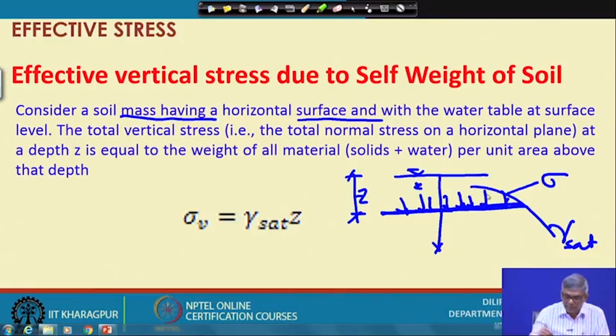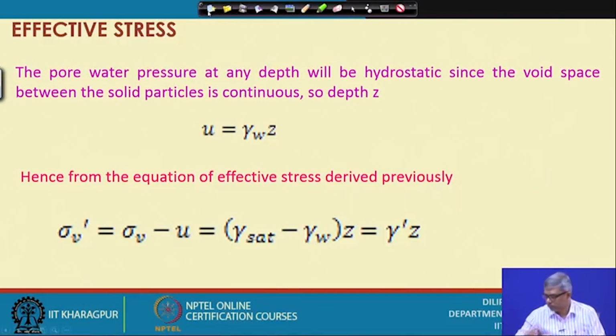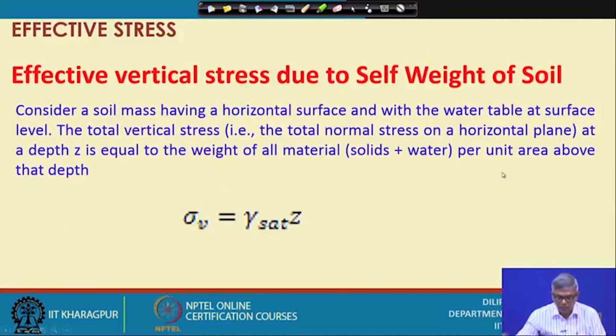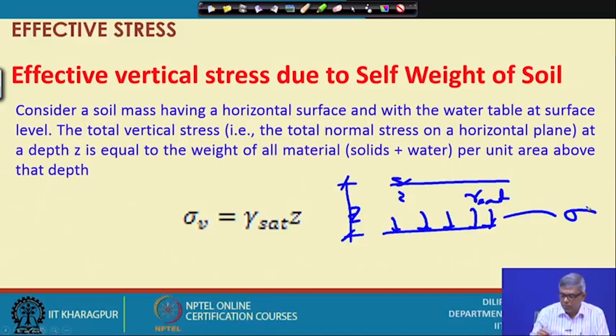If I consider a soil column as I have drawn before, at a depth z, with the water table also here, this zone has unit weight gamma sat, and I want to find out the pressure at this level, which is nothing but sigma.